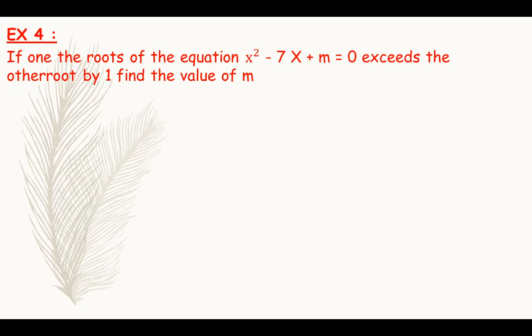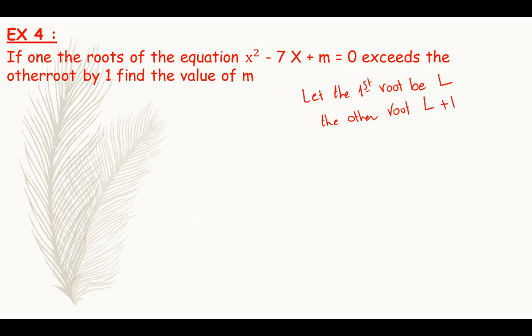Okay? Since one of the two roots exceeds the other root by 1, let the first root be L. The other root exceeds the first root by 1, so the other root will be L plus 1.